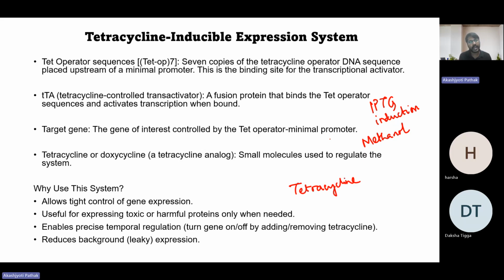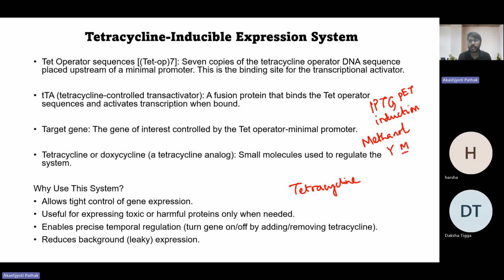There are different types of vectors available. For bacteria, you were using the pET vector. For yeast, you have different vectors for the methylotrophic strain. I do not remember the name, so you can go through the lecture.